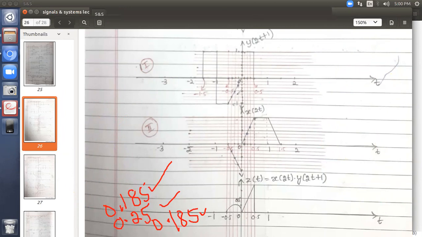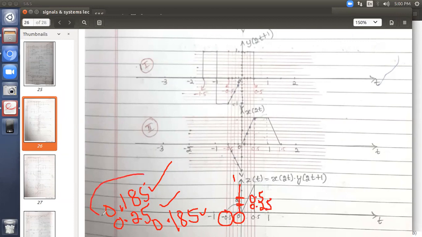If I draw these amplitudes here, check between minus 0.5 to 1. This complete amplitude is 1. In between I have 0.5. 0.5's half will be 0.25. That's why, you start from this end.